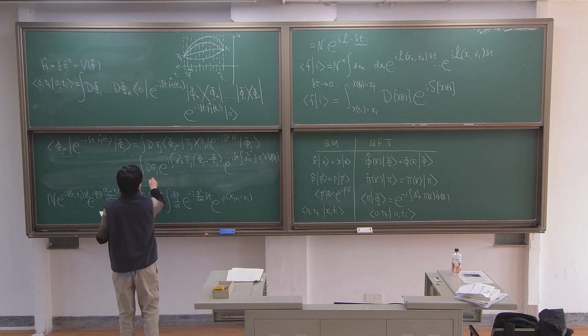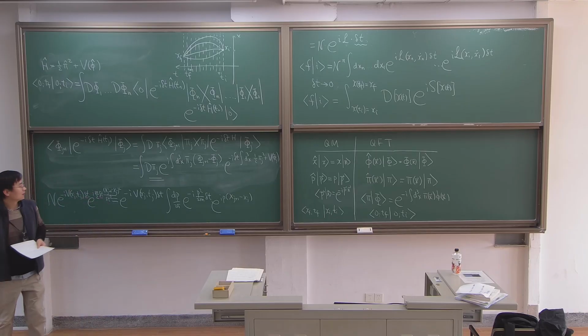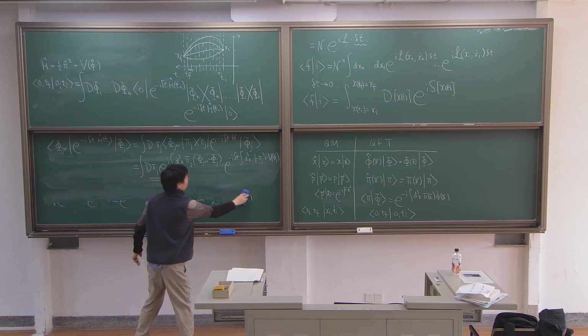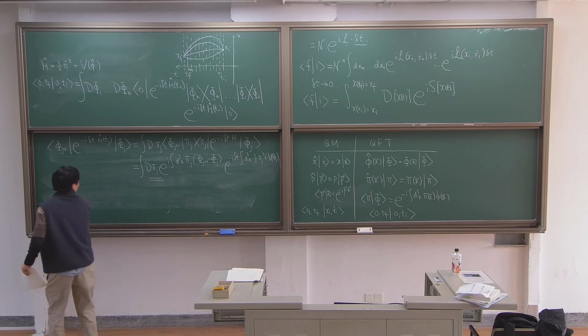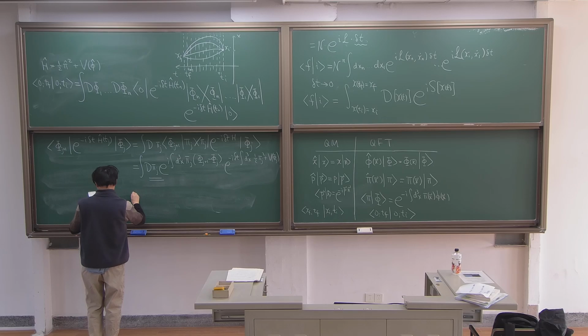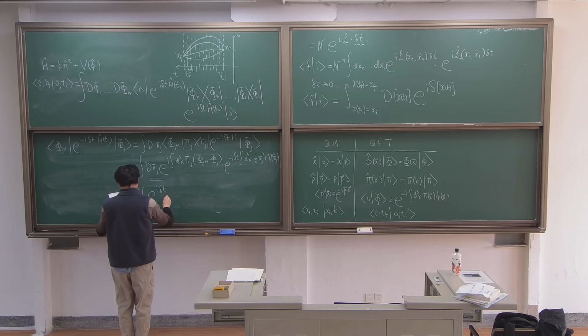Now you do the Gaussian integral. You perform this integral. Then you get again a prefactor times e to the minus i delta t.